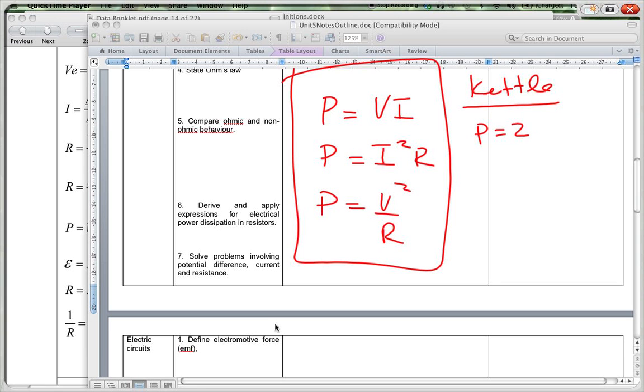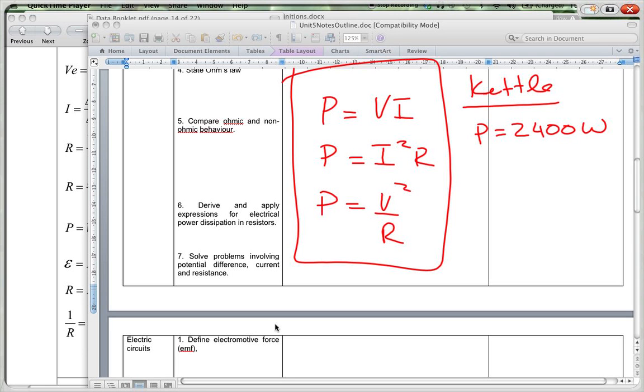Power is equal to 2,400 watts. Now what does that mean? Alright, so when I switch my kettle on here, click, it's starting to use straight away 2,400 joules every single second. Alright? It's a lot of energy.